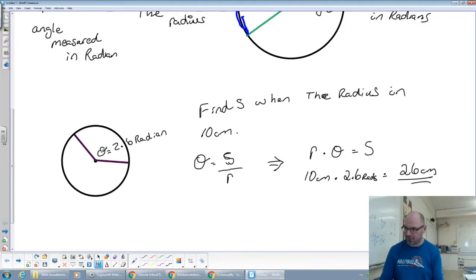You remember that the circumference of a circle is 2 pi r, so if our radius is 1, that means 2 pi times 1, that means there's 2 pi radians, right? 2 pi radians if we put 1 for r.